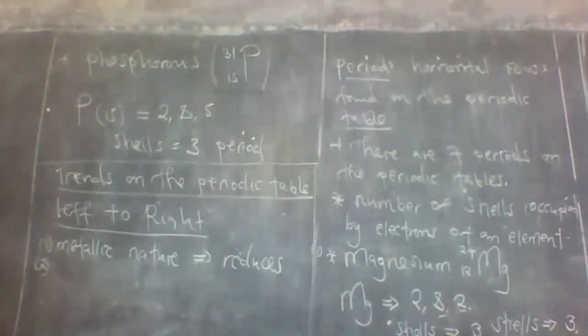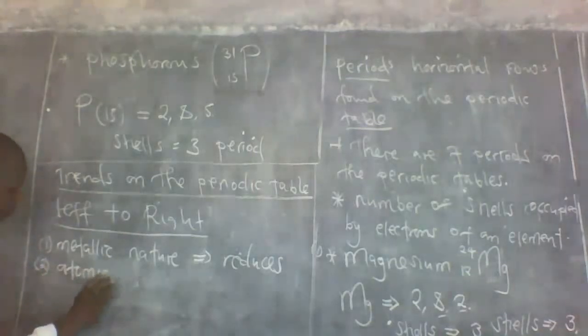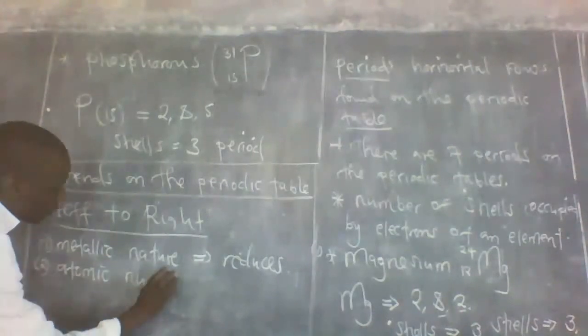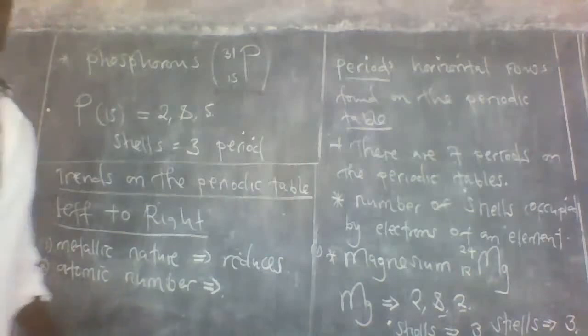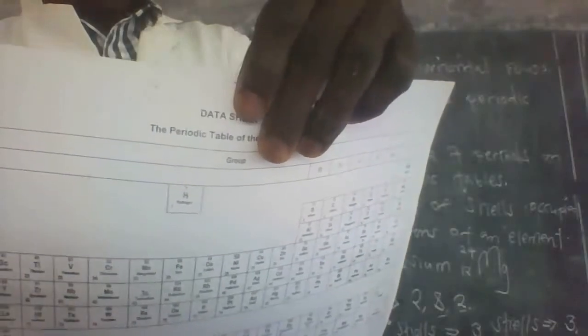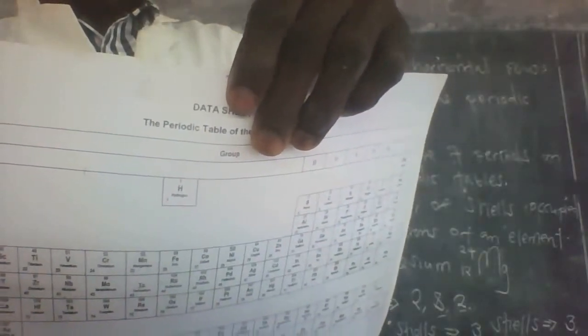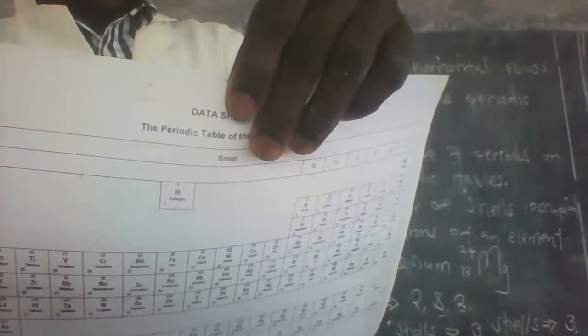Then what is the other thing that we can learn from here? We can also talk about the atomic number. You find that the atomic number is also increasing. You can check. We have helium here, whose atomic number is 2. We come here, lithium, atomic number 3. We have beryllium, atomic number 4.